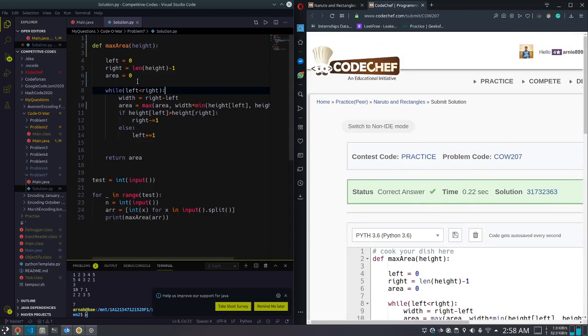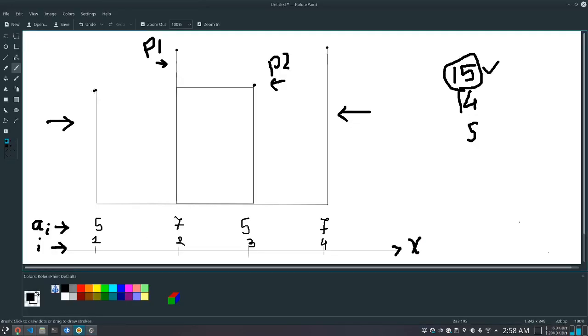So our pointers move across the array, just like this. P1 pointer traverses from here to here, and P2 traverses from the last line to the second last line. So we cover all the points in the array only once. We visit all the lines in the array only once.